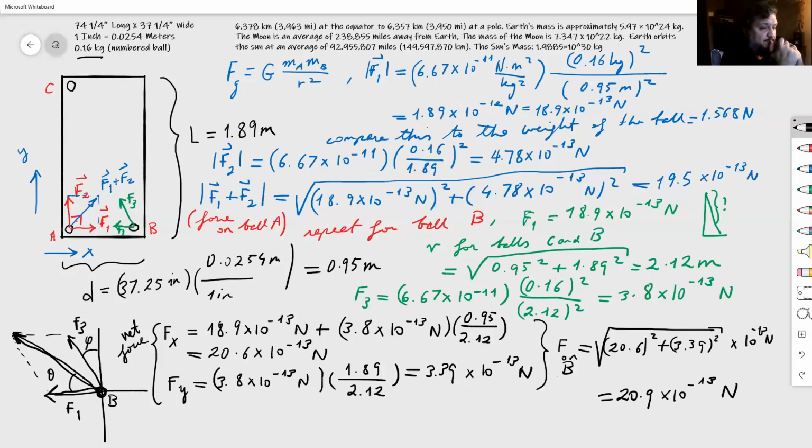All right, that's the force on B. What will be the force on C? Same way, you can just work it out. Okay, so let's do one more.